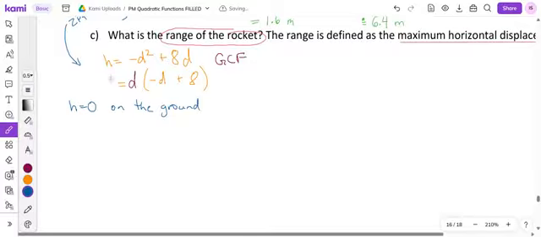So now I've got the 0 product property. So watch this. In order for D to be equal to 0, well, D equals 0. But in order for this bracket to be equal to 0, be very careful.